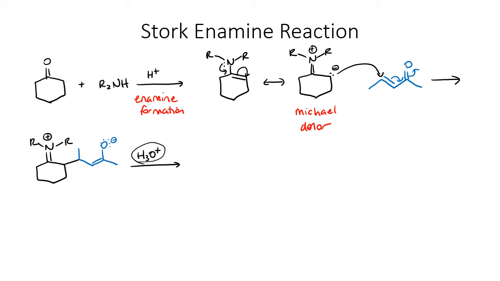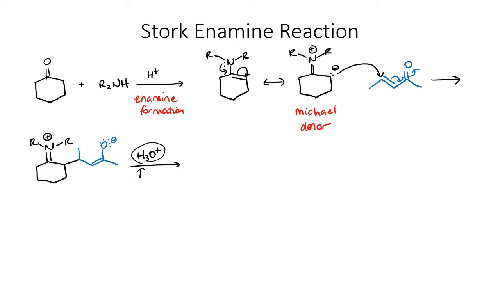H3O+ is used to remove an enamine or an imine and return it back to a carbonyl. So this H3O+ will protonate the oxygen and create an enol. Then the enol will tautomerize. Then the H3O+ is also going to convert the enamine back into a carbonyl.